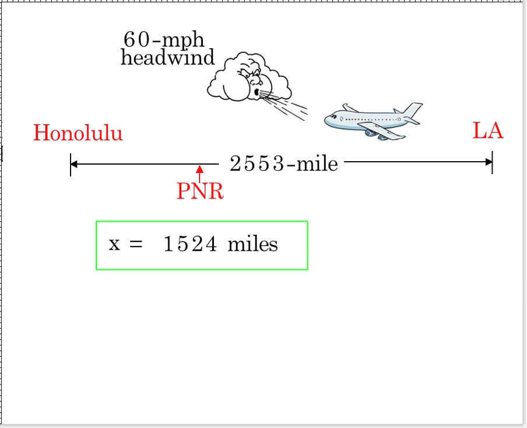If a passenger became gravely ill, say in here someplace, you'd want to turn back. Or if a passenger became ill here, you'd obviously want to continue on to Honolulu. So, interesting mathematics. I hope this helped. I'll be talking to you again soon.